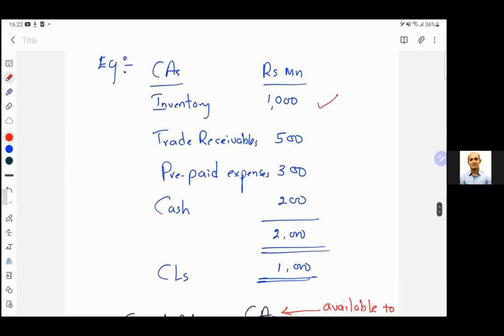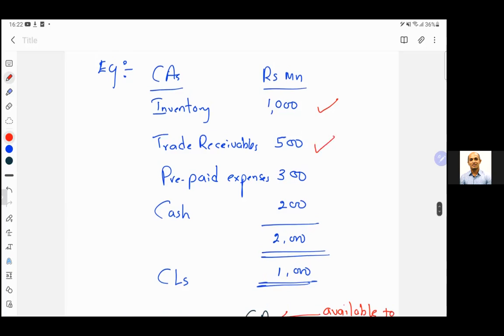Inventory is available to pay current liabilities because you sell inventory, and once you receive cash, you can pay current liabilities. Trade receivables is available because once you receive cash from those credit customers, you can pay current liabilities. Cash is available, but prepaid expenses are not.